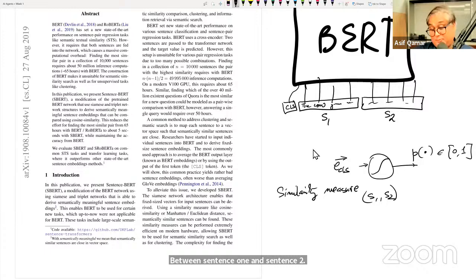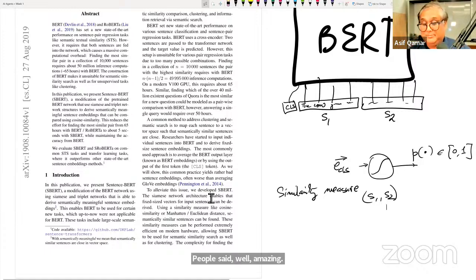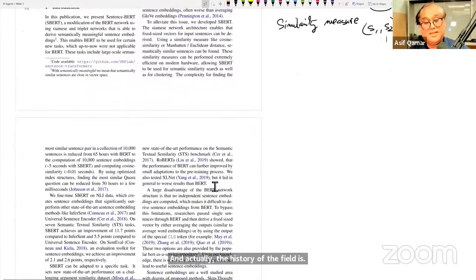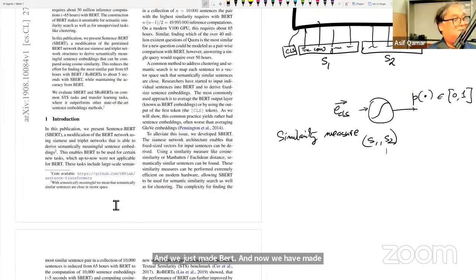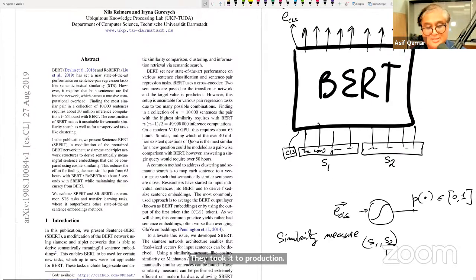Then people said, well, amazing. And actually, the history of the field is that when BERT was there, the first thing that happened is Google said, okay, good. We are the inventors of transformers and we just made BERT and now we have to productionize it. They took it to production, but there was a problem, which the authors mentioned.